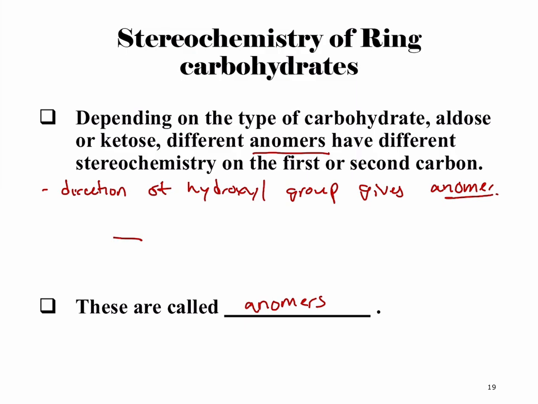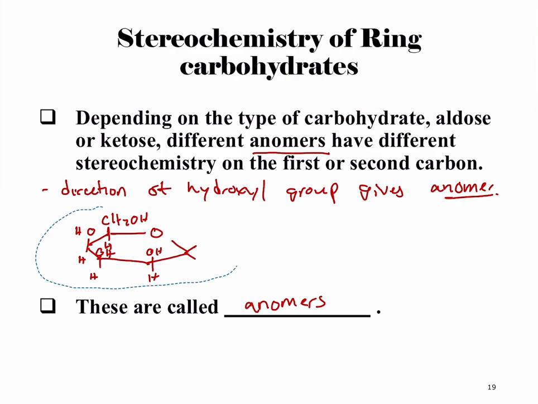And so if I draw an arbitrary ring structure, we'll do aldohexoses. CH2OH, H, H, OH, OH, H. I'll duplicate the structure.